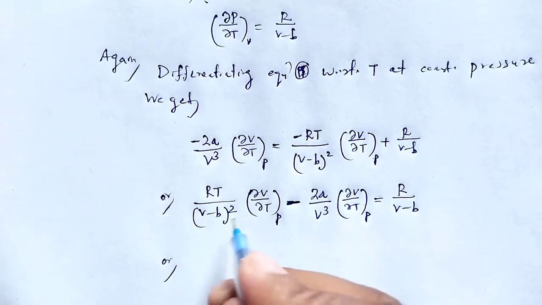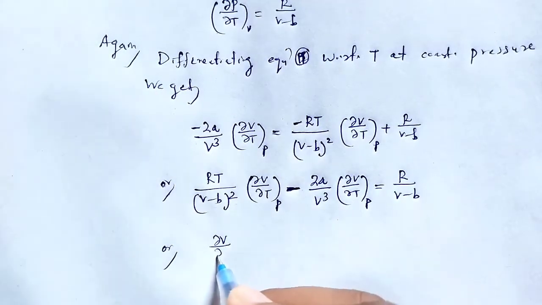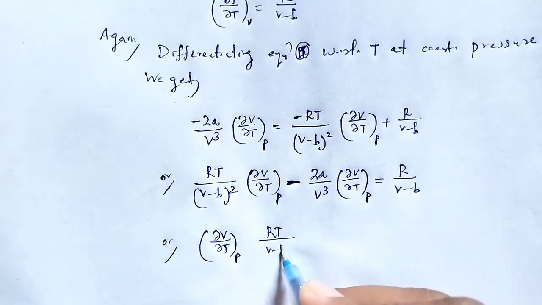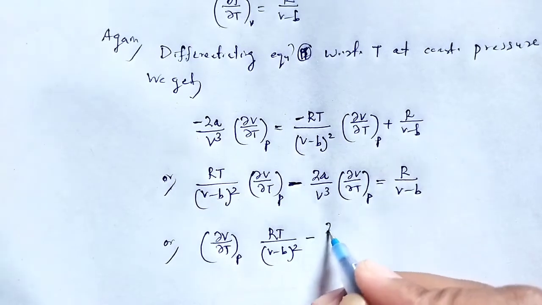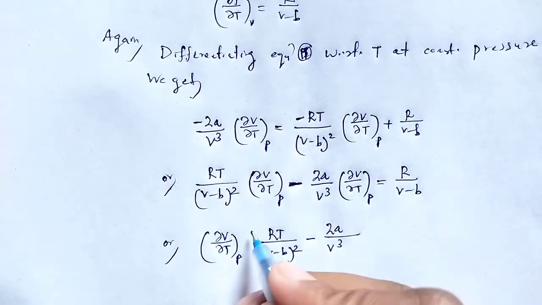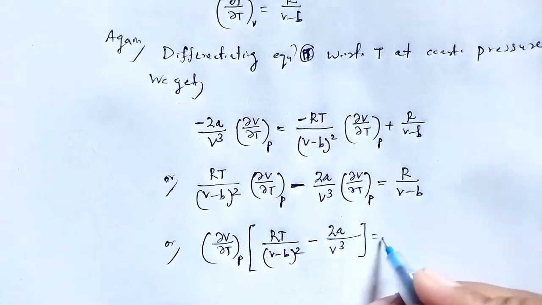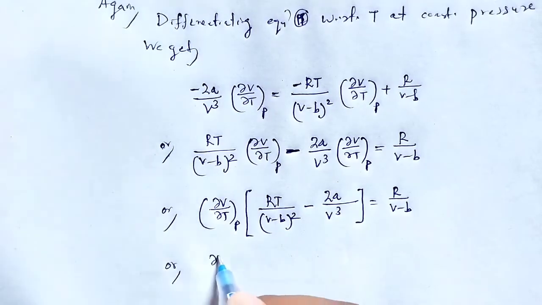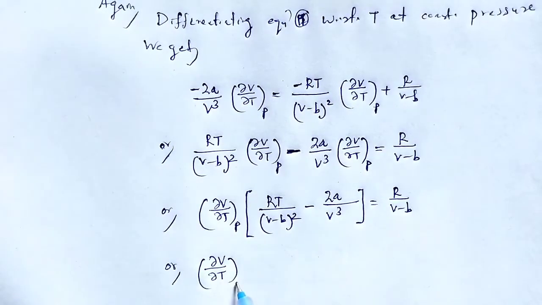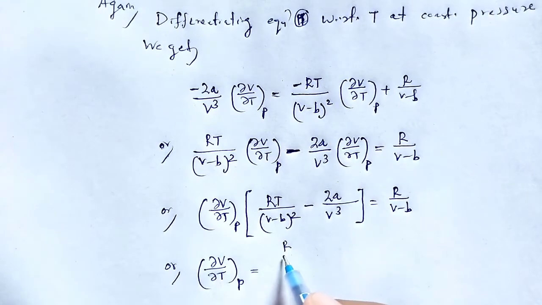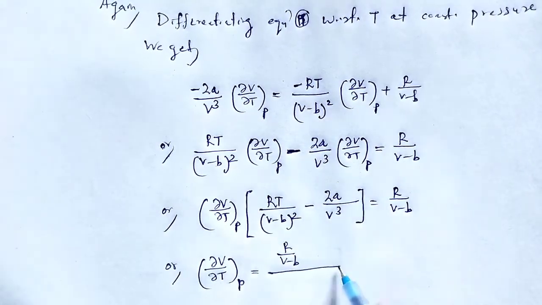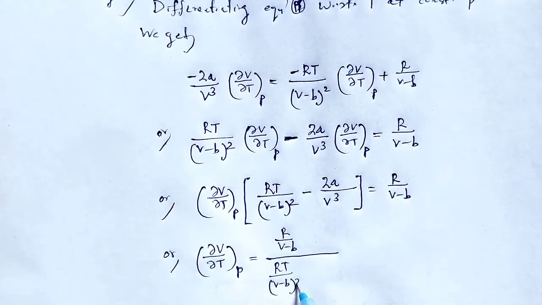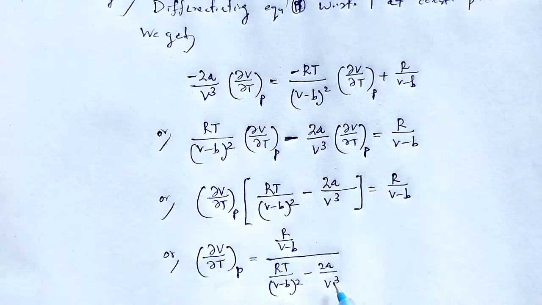Taking del V by del T at constant pressure common, RT divided by V minus b whole square minus 2a divided by V cube is equal to R divided by V minus b, or del V by del T at constant pressure is equal to R divided by V minus b whole divided by that term, that is RT by V minus b whole square minus 2a divided by V cube.